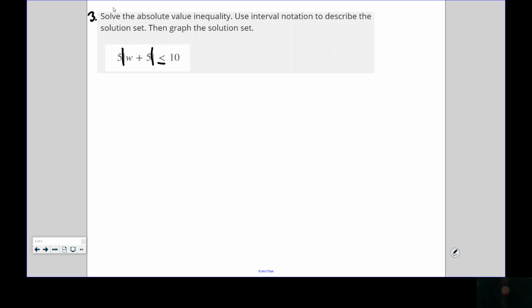Because it's on the outside and it's being multiplied. So we're going to do the opposite. We're going to divide by 5. Right, so that cancels. Absolute value is now by itself. We have absolute value of W plus 5 less than or equal to 2.